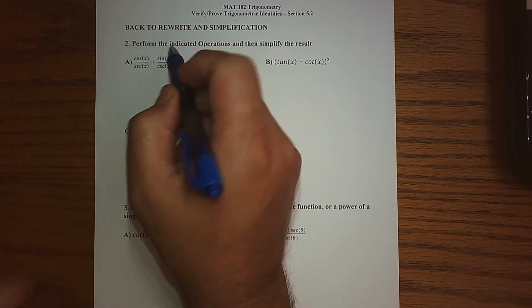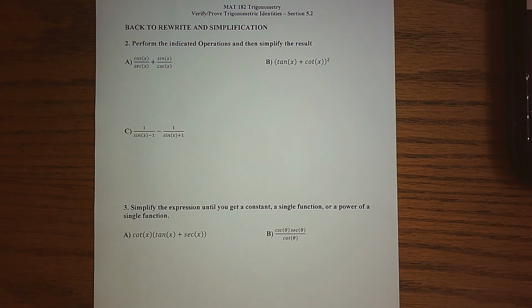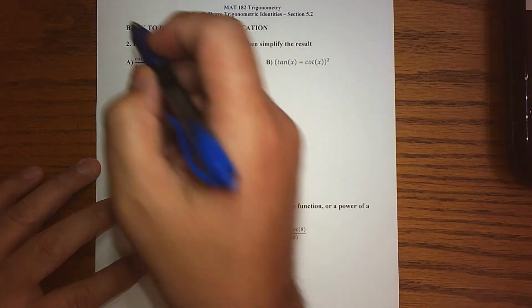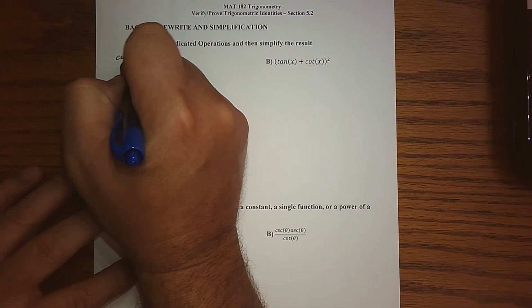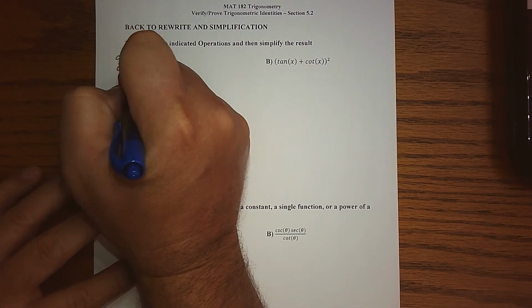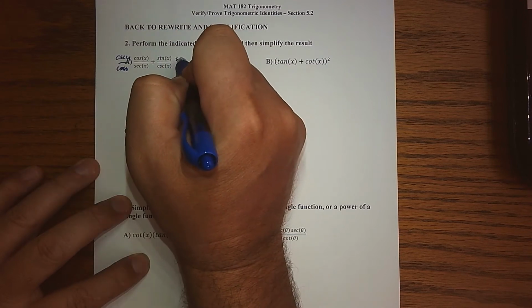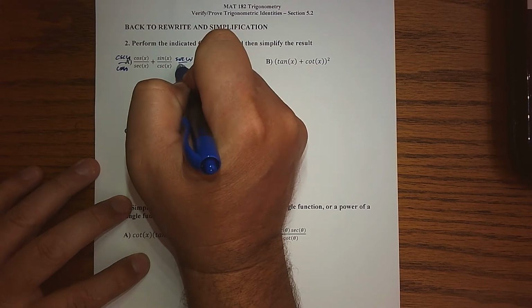So I would begin this one by actually multiplying and dividing both sides by what's missing with regard to the polynomial that's concerned. So for this one, what we basically need is a cosecant of x, and over here what we need is a secant of x.